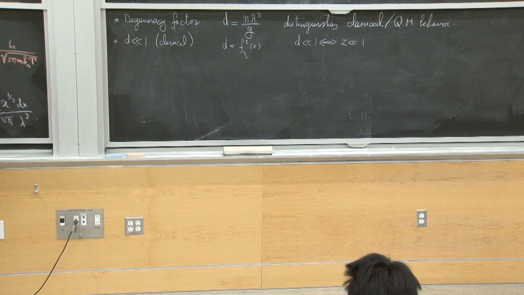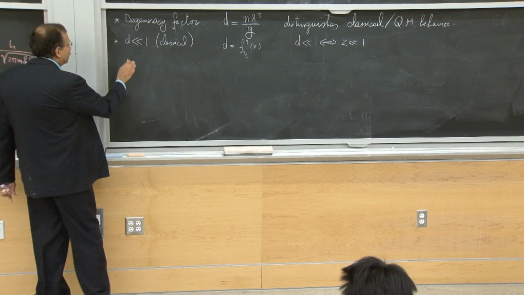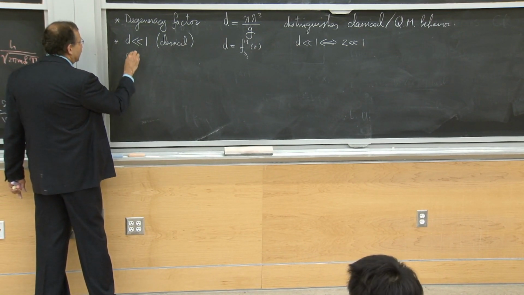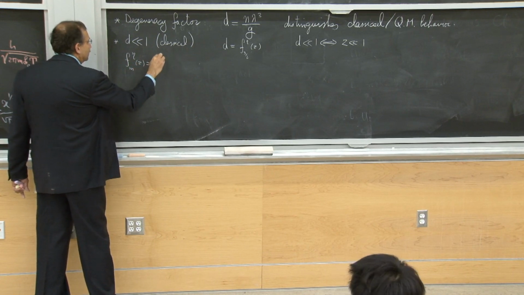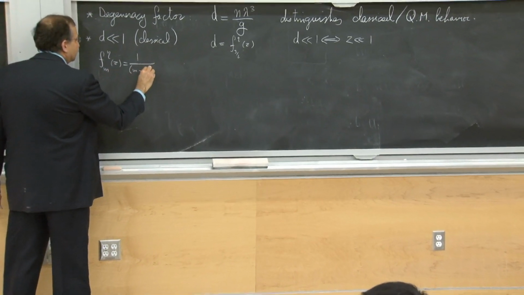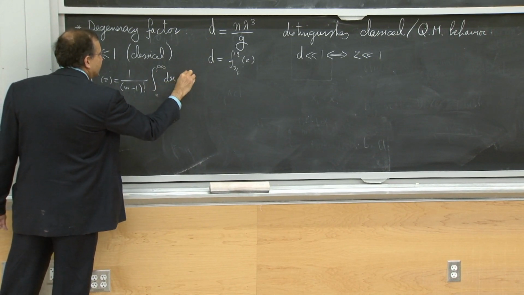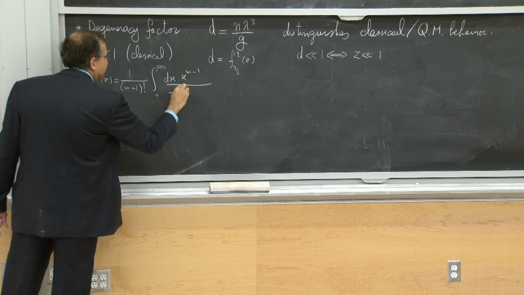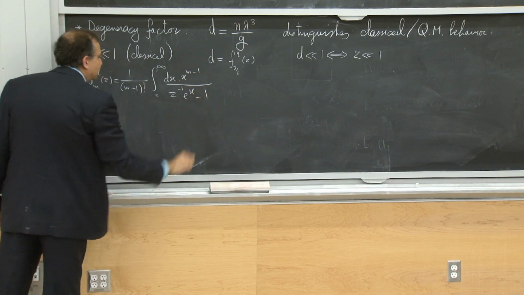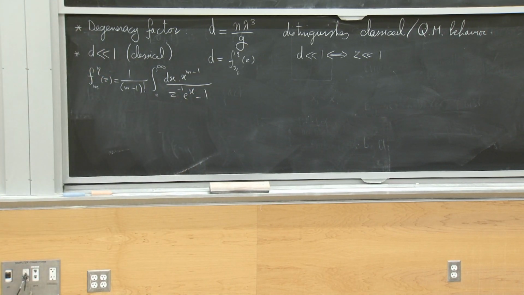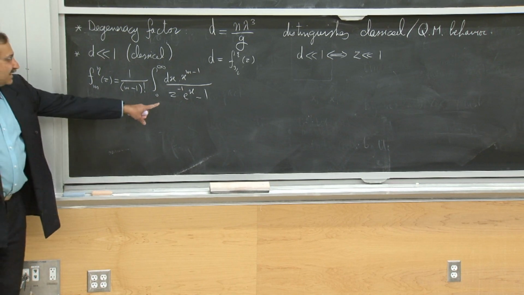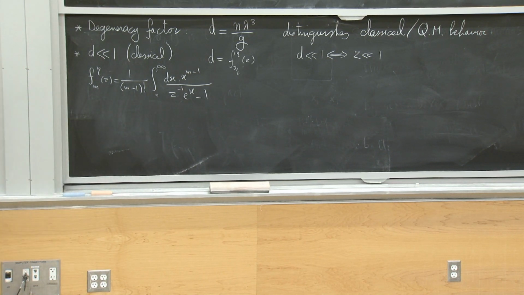Okay? So let's take a look at one of these functions, f m eta of z, 1 over m minus 1 factorial, integral from 0 to infinity dx, x to the m minus 1, over z inverse e to the x minus eta. And I'd like to explore the limit of this when z is small. So that's currently not very good because I have z inverse.